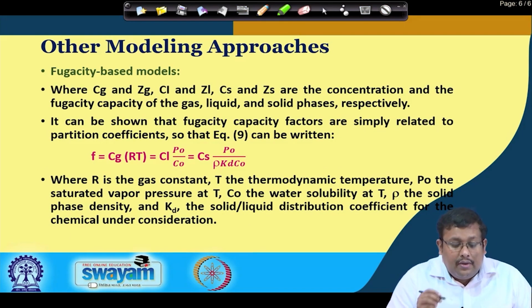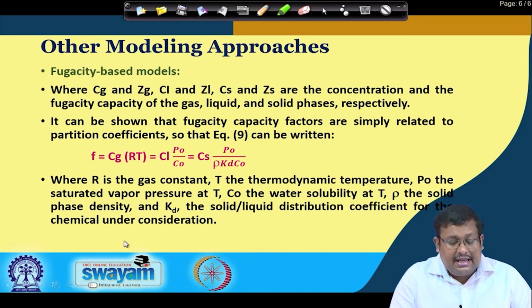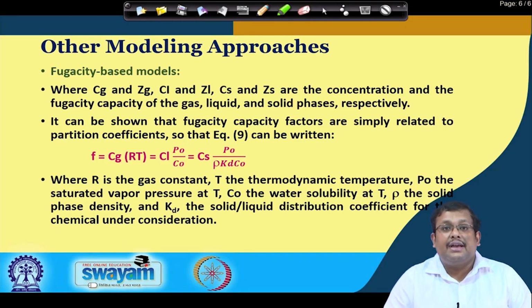Here Cg and Zg, Cl and Zl, Cs and Zs are the concentration and the fugacity capacity of gas, liquid and solid phases respectively.